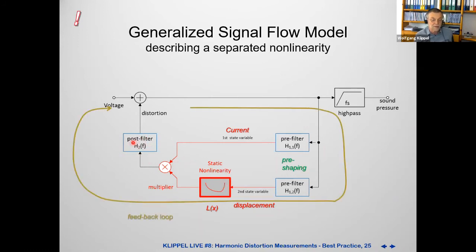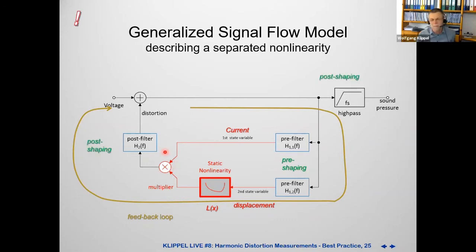It's shaped by a differentiator for the inductance and added to the input, and that's in a feedback loop. So that's the general model for generating the nonlinear distortion, and they are generated in the static nonlinearity, in the nonlinear curve, and in the multiplier. This multiplication of two signals is just not allowed in the linear world.